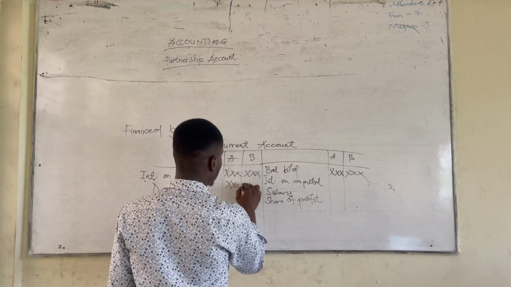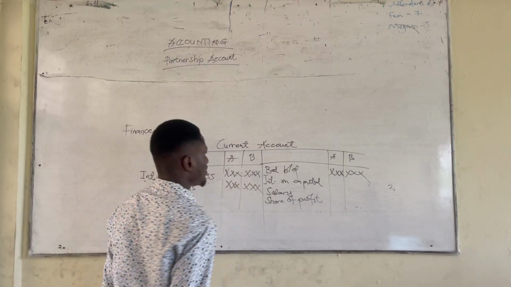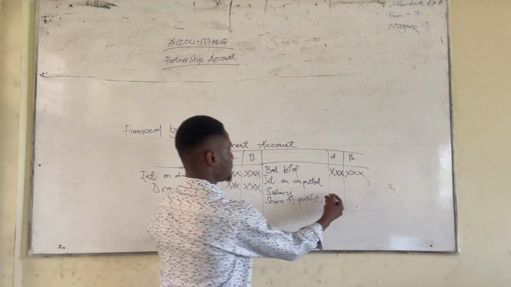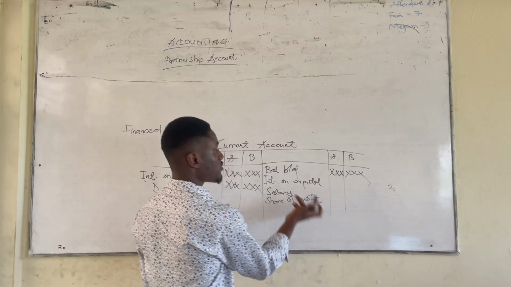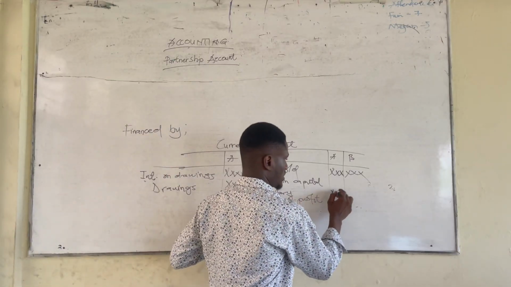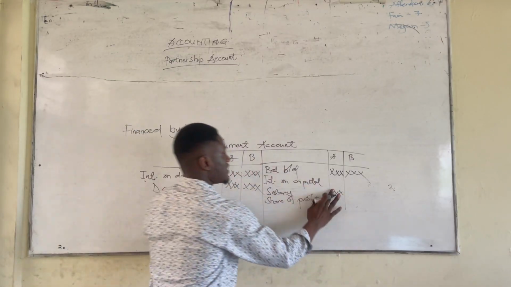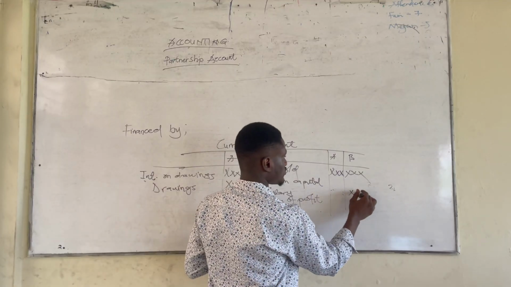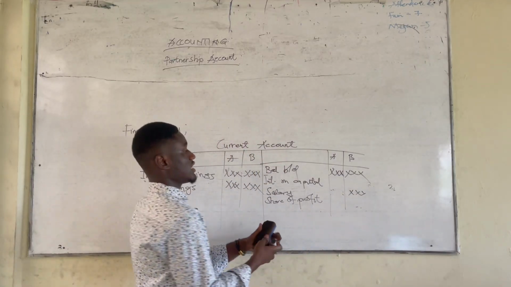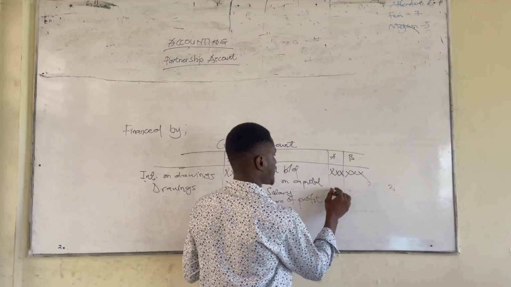The amount here. Amount here. So if the partner's salary was to partner A, it's going to be here. If the salary was for partner B, it's going to be here. So let's say the salary was for partner A. Good.